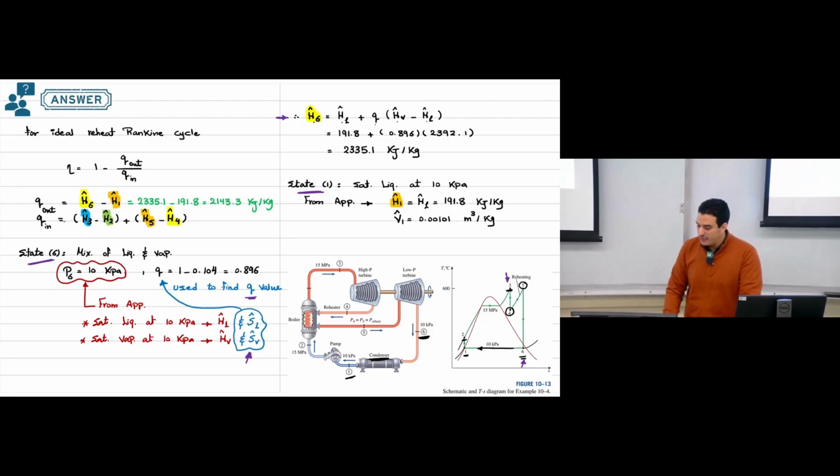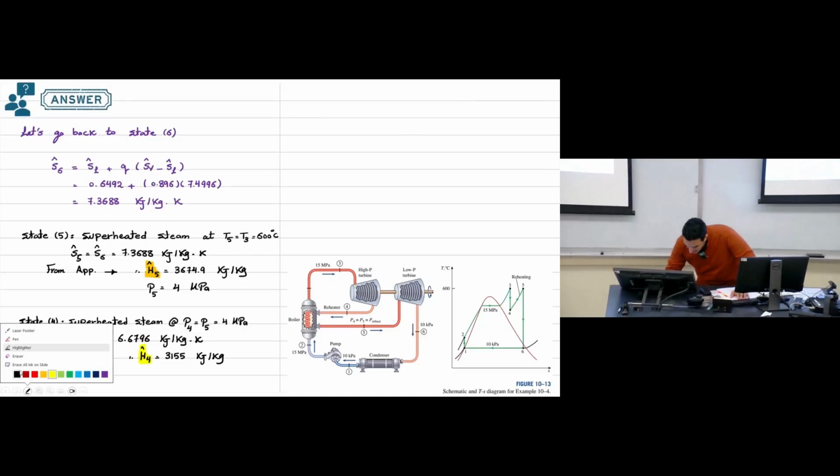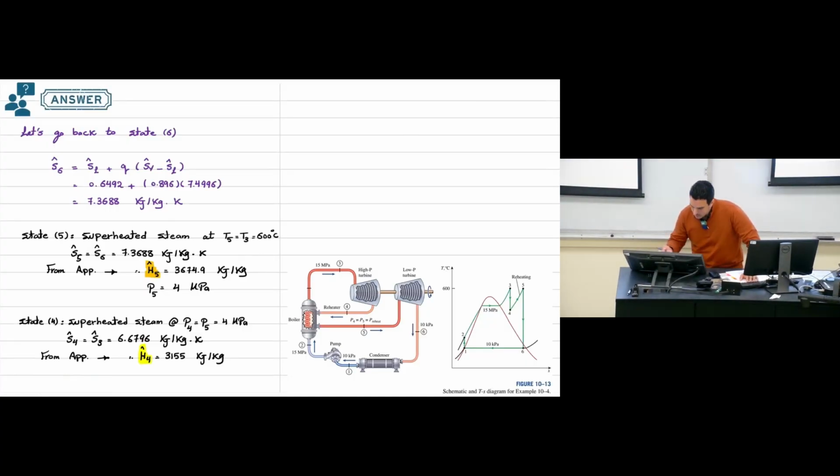So now I have all the enthalpy values I calculated, so I can substitute all these values to calculate Q in and Q out. So I have it here. Then substitute in the Q in and Q out equations. Then we calculated Q out, that is equal to 2143.3 kilojoule per kilogram.